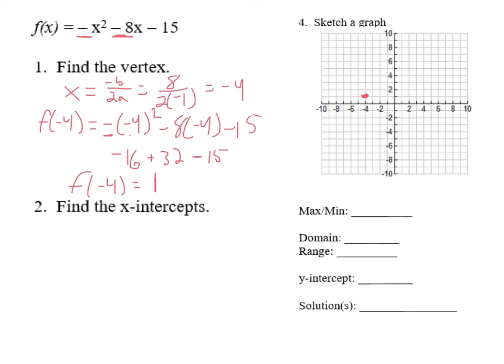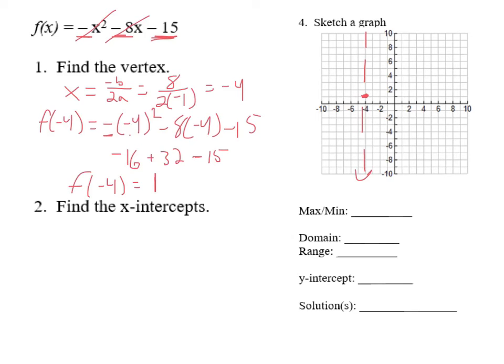Now, before we go to look for the x-intercepts, it might be useful to also know the y-intercept. The y-intercept is right in my function. It's this -15. It's my c value, right? Because if I plug in 0 for x, these will both cancel out, and I'm just left with -15. Now, the graph is not big enough for me to graph -15, but if I could graph -15, also knowing the axis of symmetry would give me 2 more coordinates for this graph.